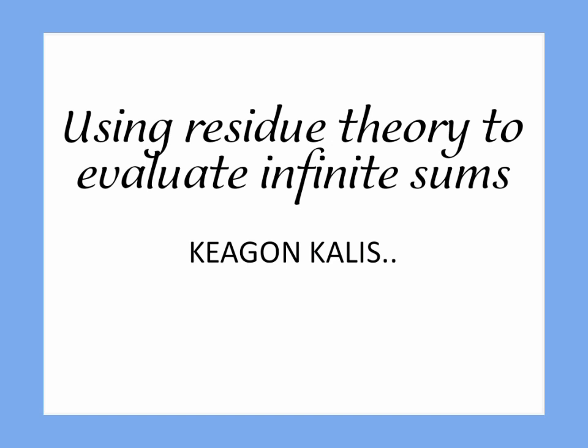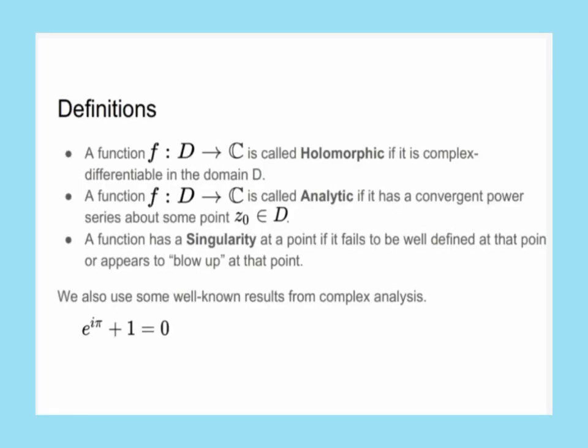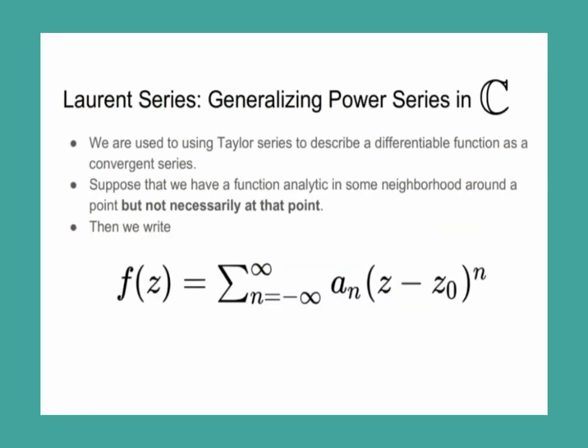Using residue theory to evaluate infinite sums, written by Kevin Kallis. Here the definition: f from D to C is called a holomorphic function if it is complex differentiable in a domain D. It shows e to the power i pi plus 1 is equal to 0 from complex analysis.